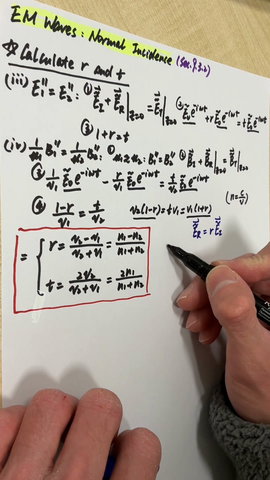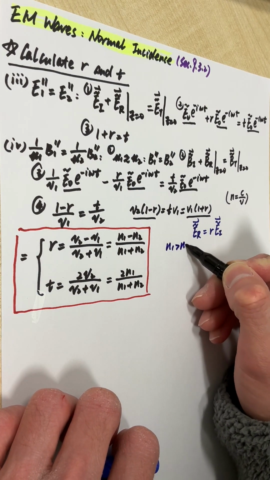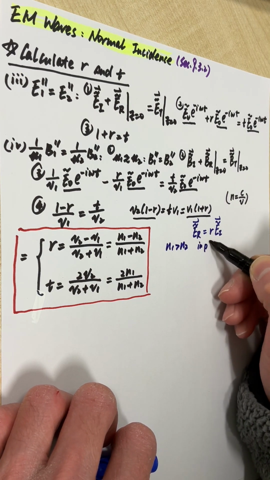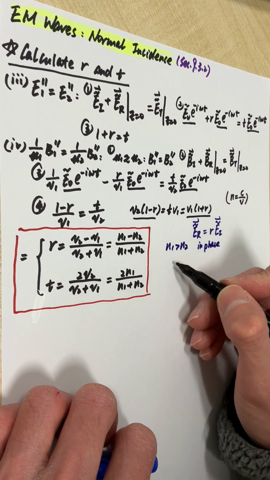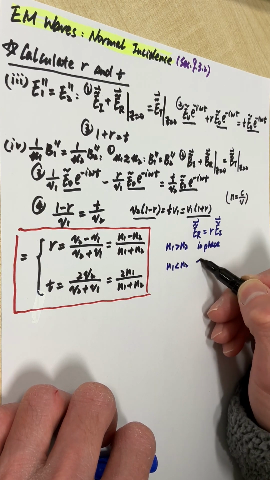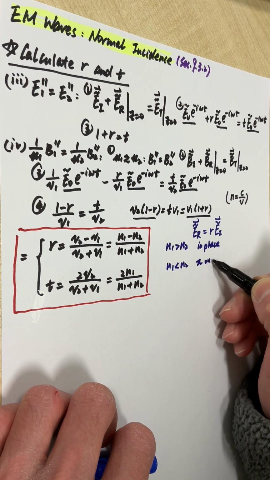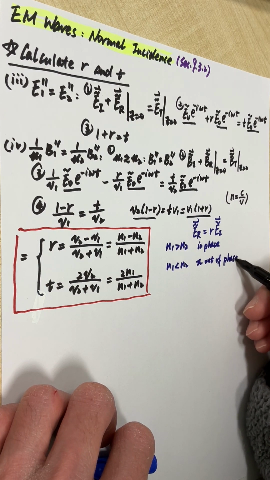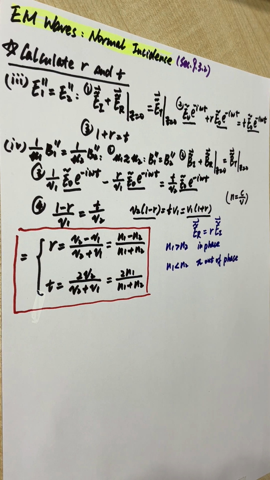So if I have N1 bigger than N2, these two will be in phase. Otherwise, they will be pi out of phase. That's some interesting observation.